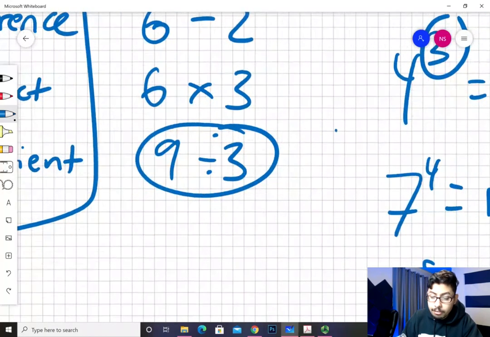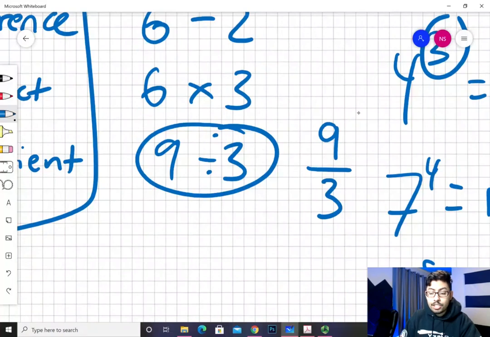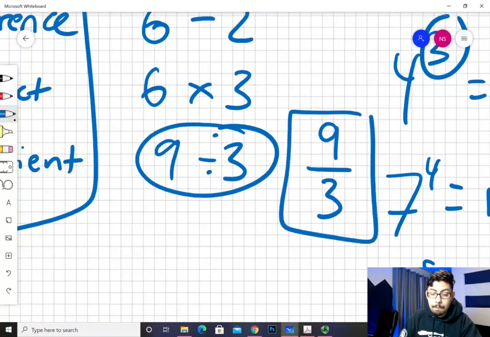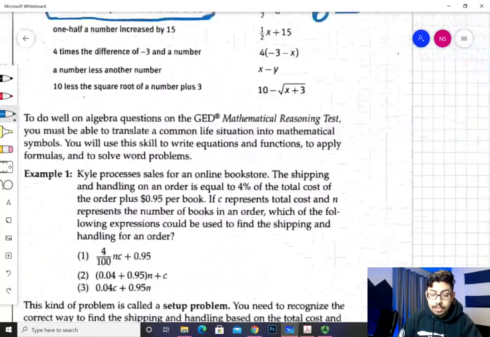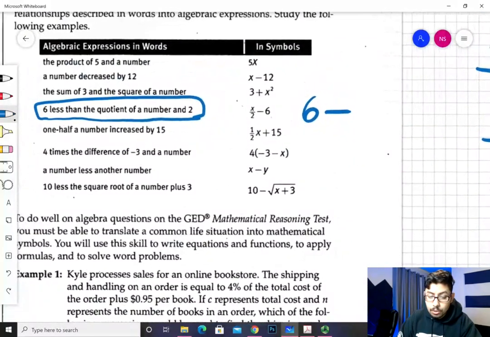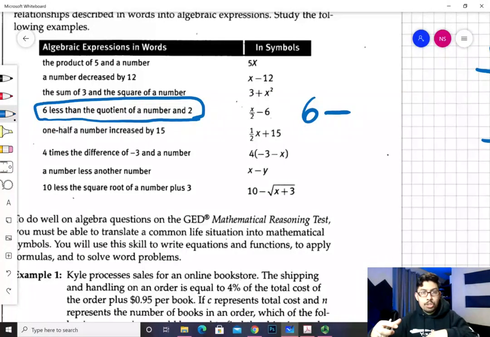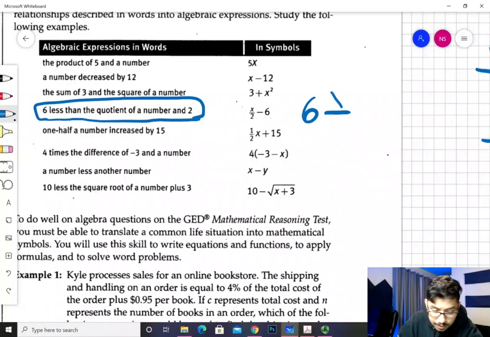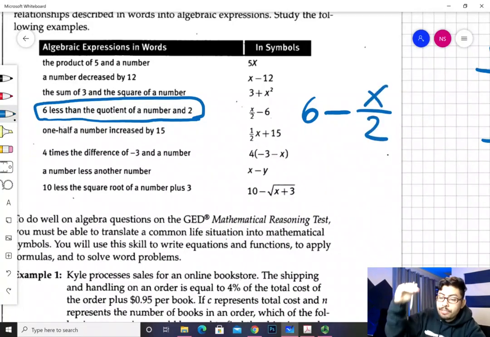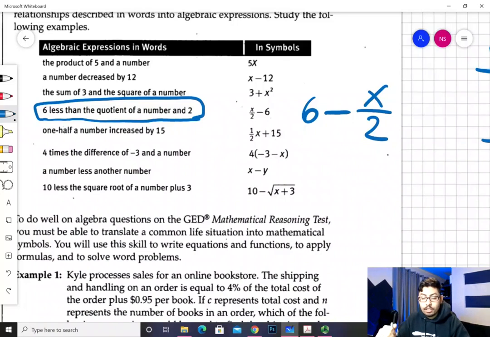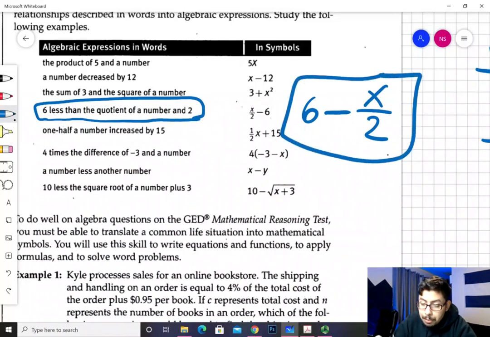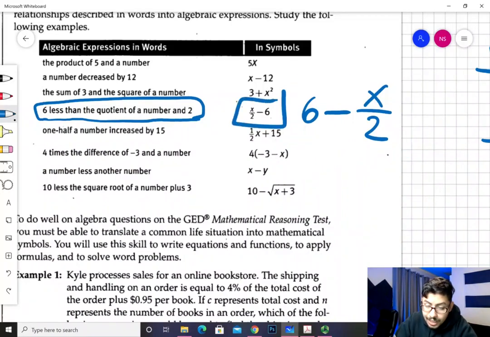In algebra, dividing is as a fraction. This means 9 divided by 3. So that is why the example gave it to you in fraction form. So 6 less than the quotient of a number and 2. So quotient, division, fraction, the quotient of a number divided by 2. So, oopsie, that's a minus sign. X and 2. The quotient of a number and 2. All right, that's how it looks like. But you would be wrong if you put this. It's actually supposed to look like this, right?